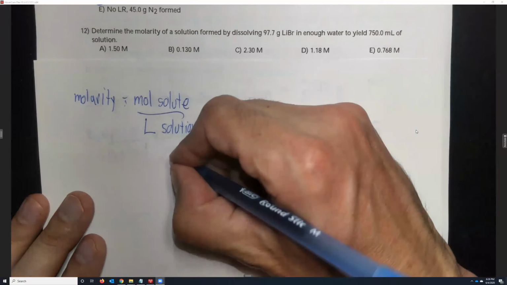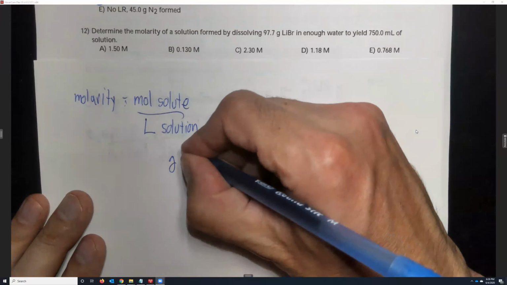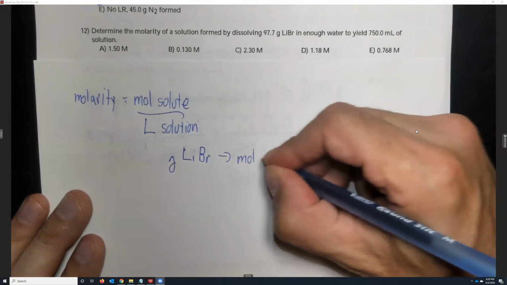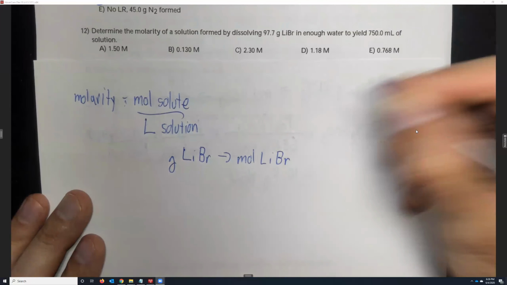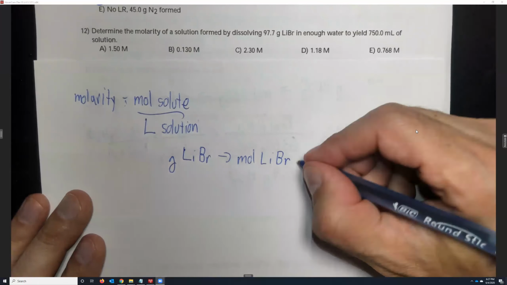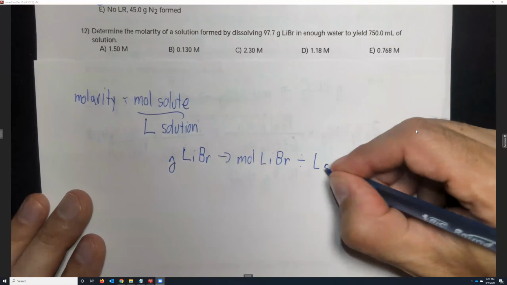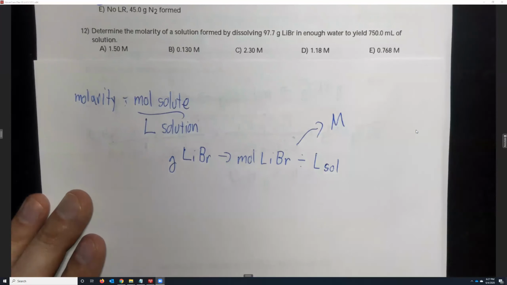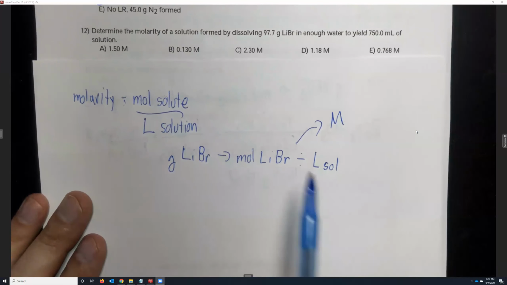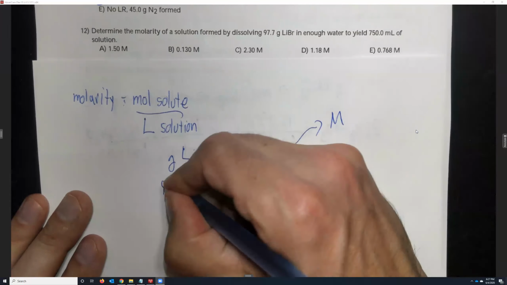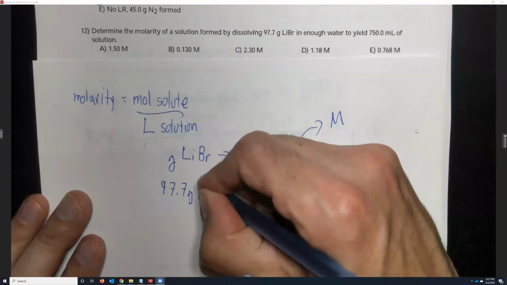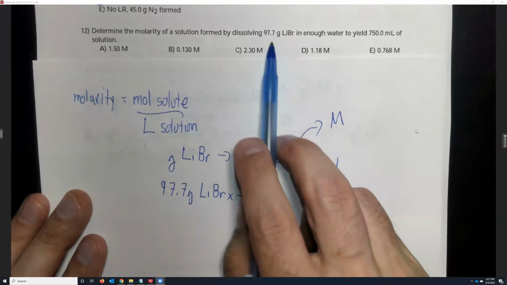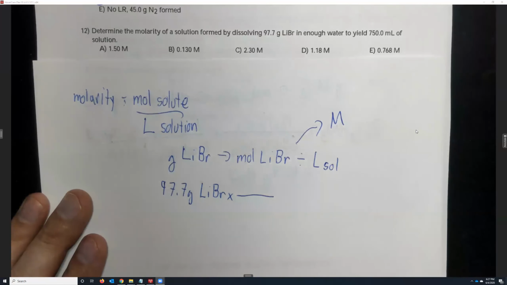So what I want to do is go from grams of LiBr to moles of LiBr. And then I want to take those moles and divide by the liters of the solution. And moles divided by liters gives me my molarity. All right. So starting with 97.7 grams of LiBr times. Unfortunately, they didn't give me the mass of LiBr, so I have to look that one up.